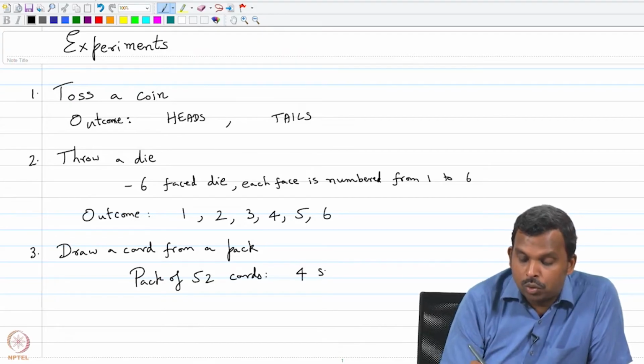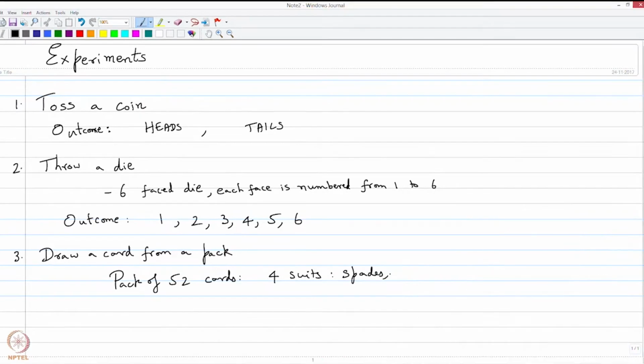There are 4 suits. What are the suits called? Spades, clubs. These are the 2 black suits. I am going to try and draw a picture here. This is going to be an ugly picture. So, that is the spades, and then clubs, and then we have the red suits.